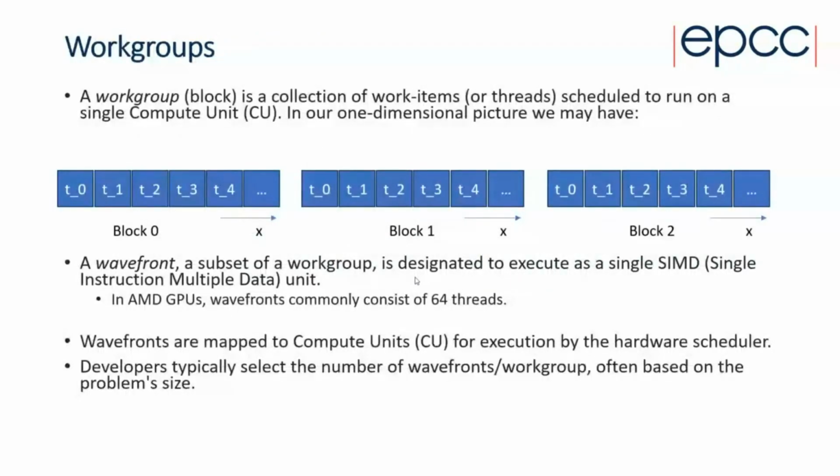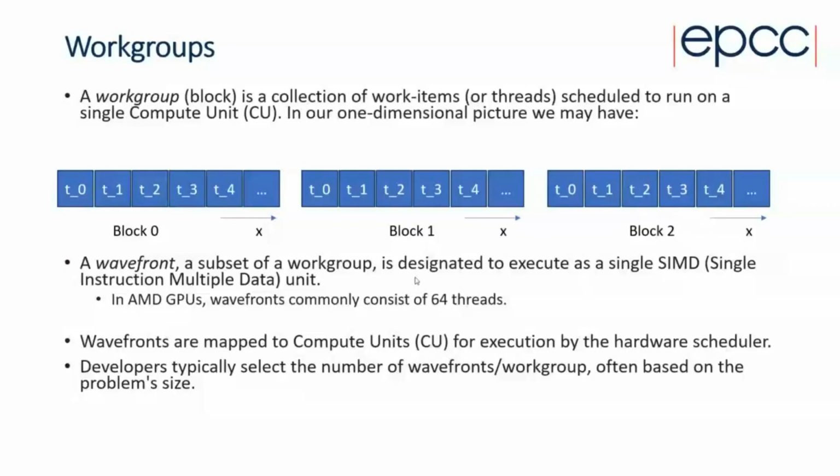So you then have the concept of a work group, or a block in NVIDIA terms, or work groups in AMD terminology. It's a collection of work items, threads, scheduled to run on a single compute unit.